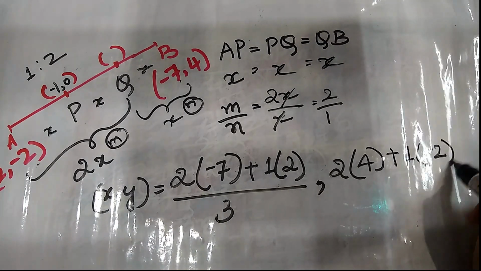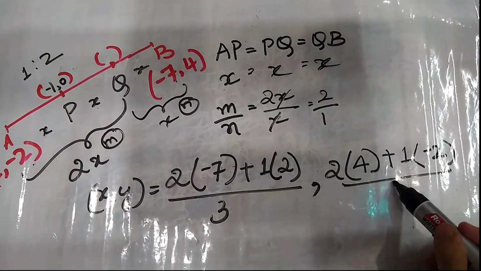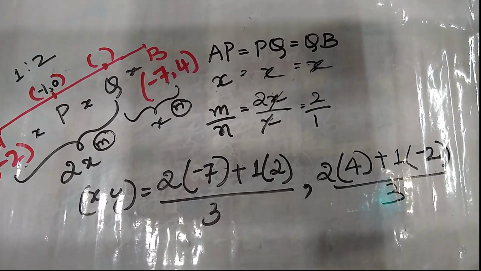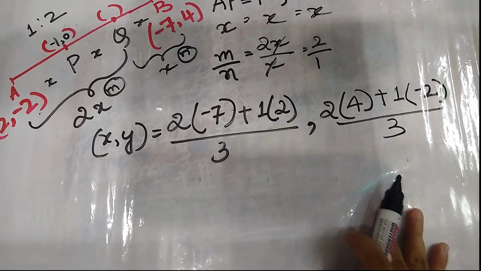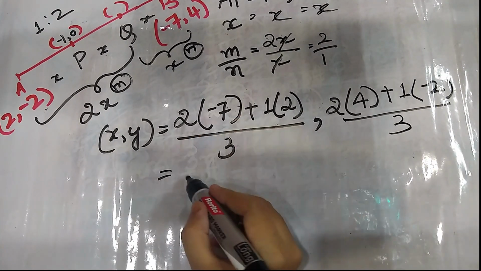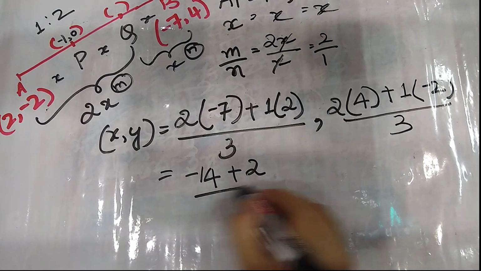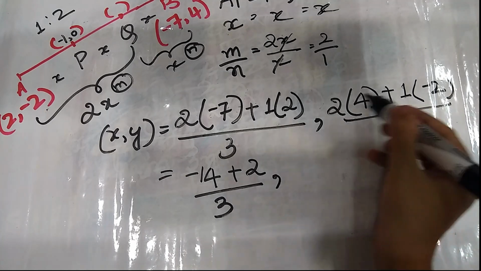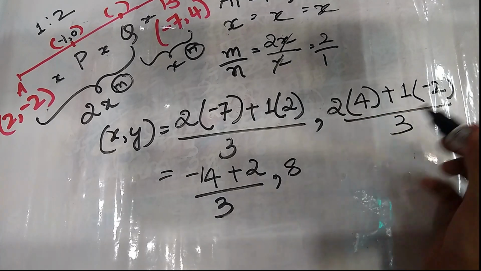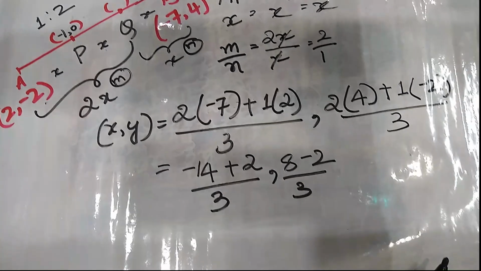So here it is minus 2 divided by m plus n, which is 2 plus 1, which is equal to 3. Now just multiply: 7 2s are 14, and because here it is negative, so minus 14 plus 2 1s are 2, divided by 3, comma, 4 2s are 8, minus 2 divided by 3.